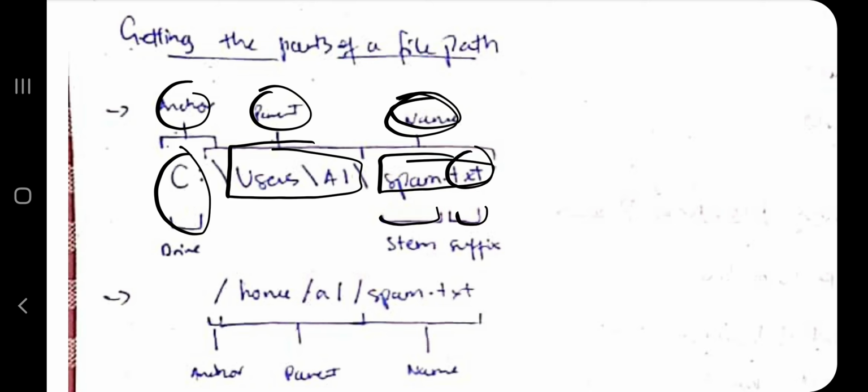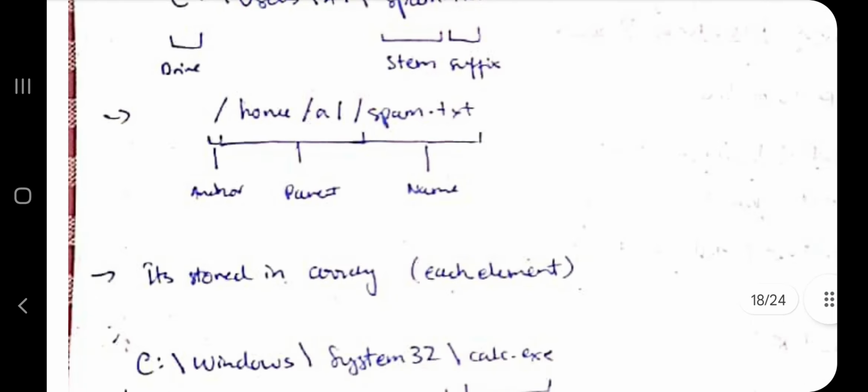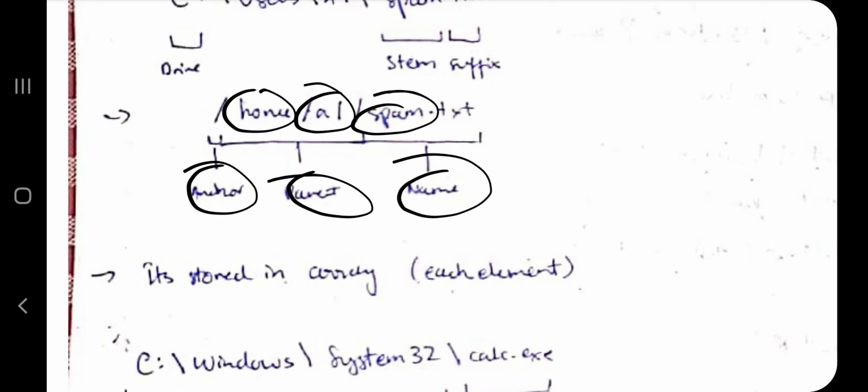Suffix can include .txt, .mp4, .mp3, .pdf, .docx. Those are the suffixes, and stem is the name of the file. And if we see from the relative path, it is home, AI, and spam.txt. This is the parent, this is the anchor, and this is the name.